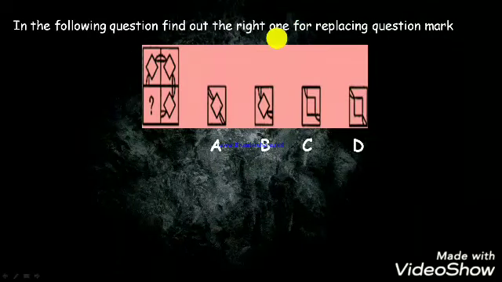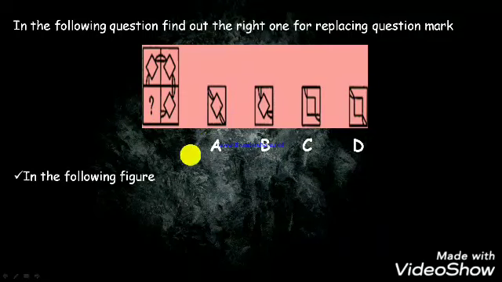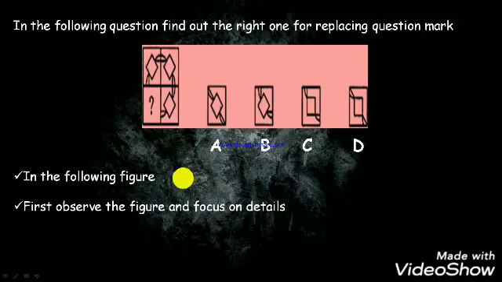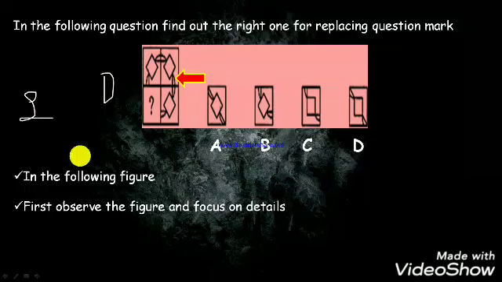In the following question, find out the right one for replacing the question mark. As you are seeing here the question, here are our options. So in the following figure, first observe the figure and focus on details. What kind of details am I saying here? First focus on this. This is a semi, like this, and it is very small.